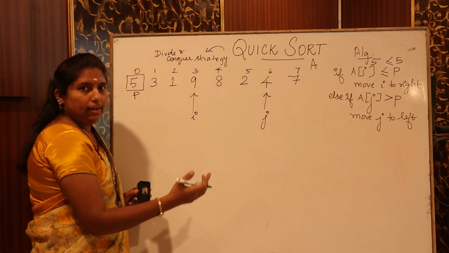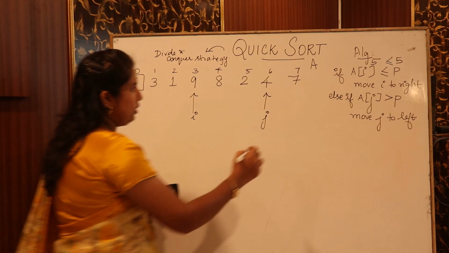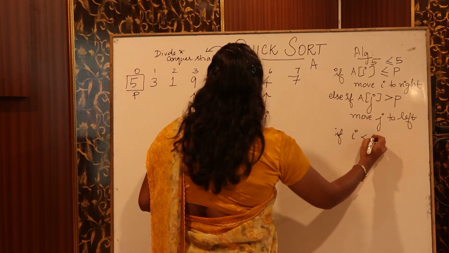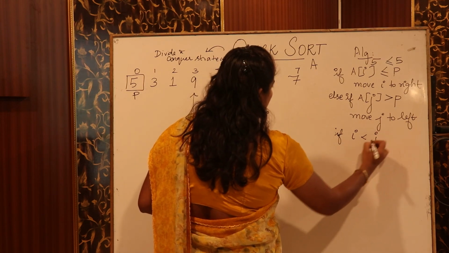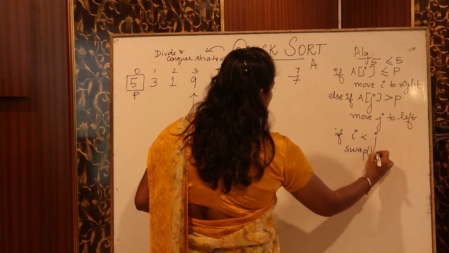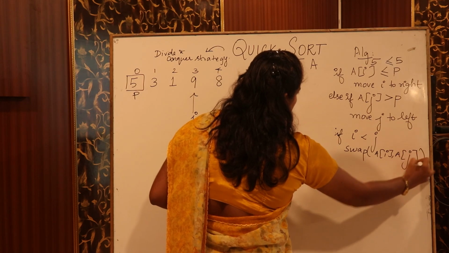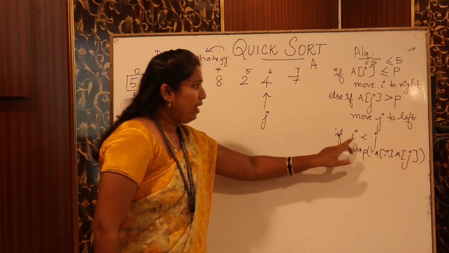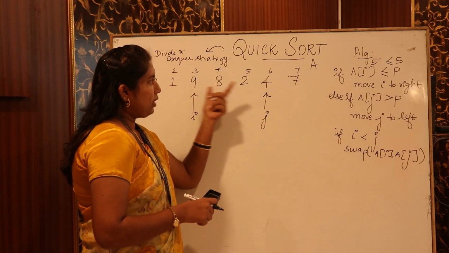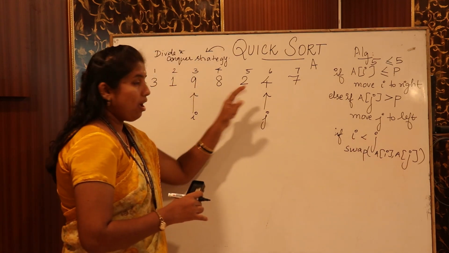So what will be the next step is that again I have to check one condition, which is nothing but if I is less than J, I will be performing the swap of A of I with A of J. Here I and J refer to the index, not the array elements.